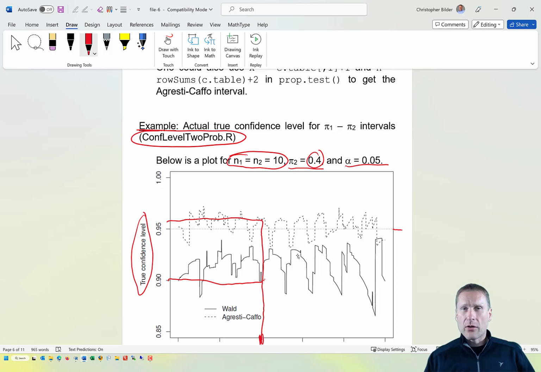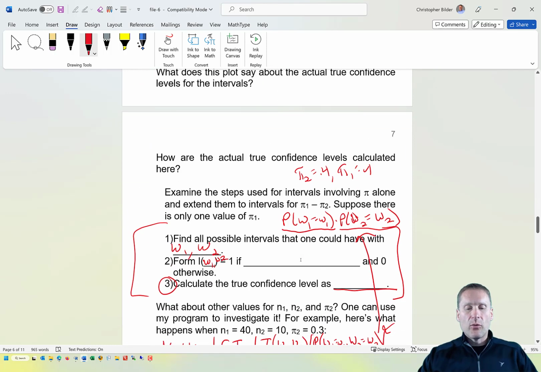The reason why I'm not going to go through it directly here in this video is because it's very similar to what we saw previously for confidence interval for pi, and I went through the actual steps that are essentially programmed into R for it. Now, for those of you who are taking my course, if during one of our in-person classes you would like me to go through that program, just let me know and ask, and I'll go through it in class.